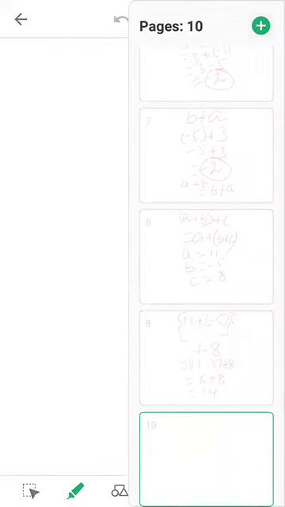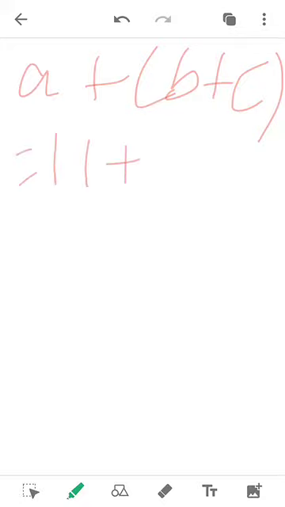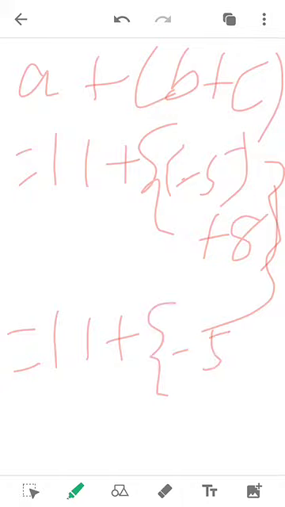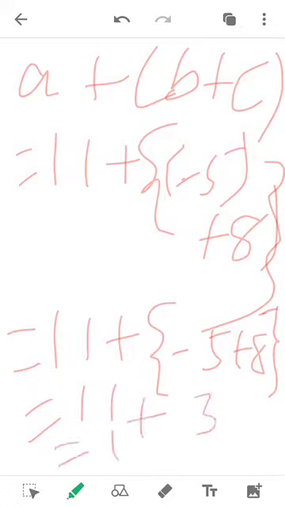Now from the other side, a plus b plus c, a is equal to 11 plus b is equal to minus 5 plus c is equal to 8, is equal to 11 plus minus 5 plus 8. 11 plus 8 minus 5 is equal to 14.